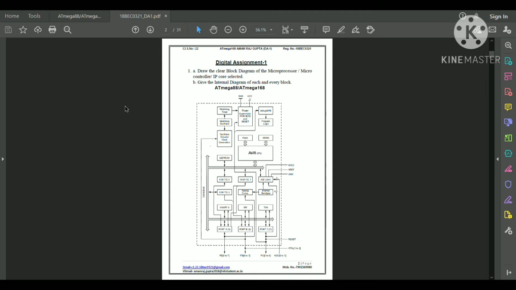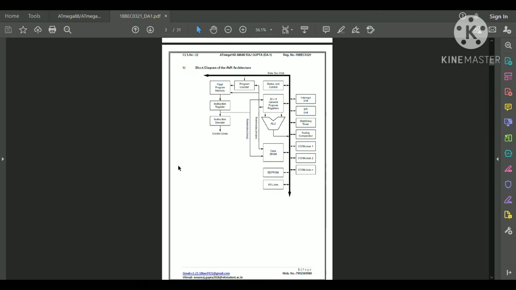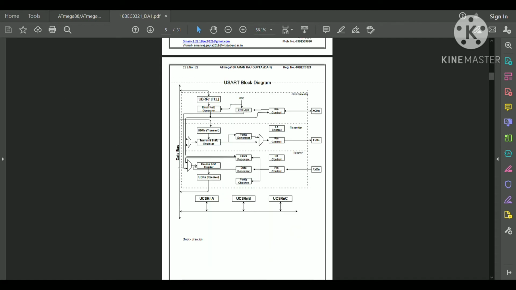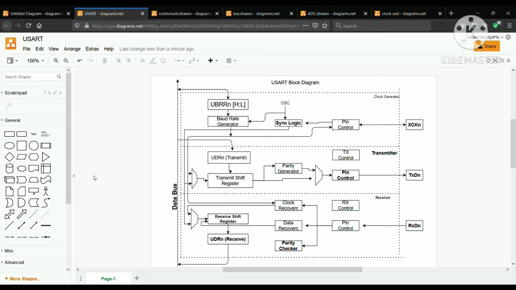And moving on to the block diagrams, I have used the draw.io website. Let's move on to that. As you can see, it's the draw.io website I'm using for making my block diagrams for DA1.